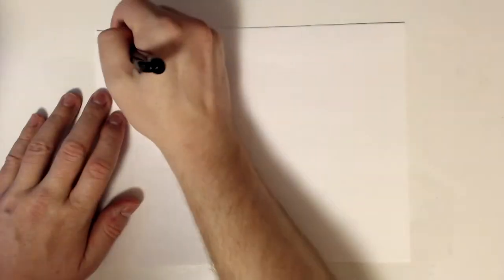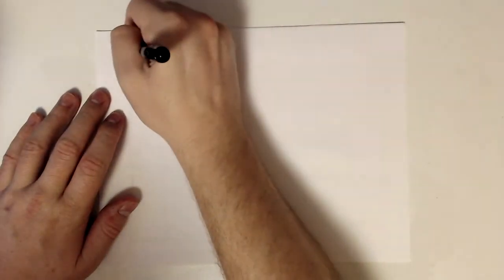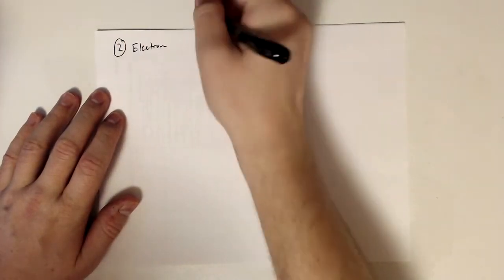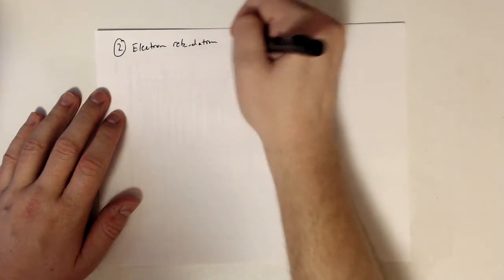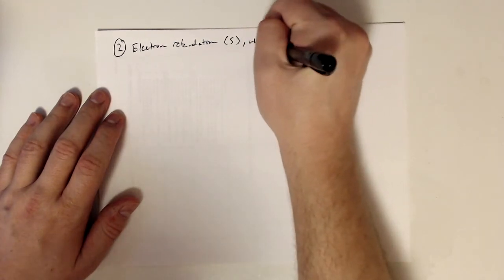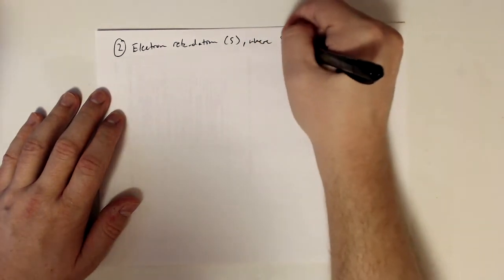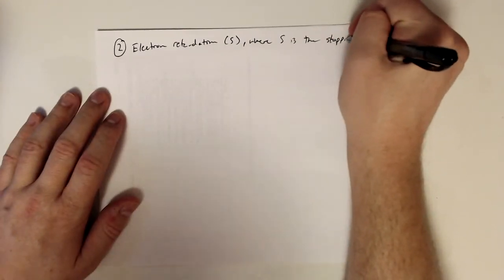Secondly, the second of these factors in the atomic number category is referred to as electron retardation. And this is referred to as S as opposed to R. And S is for stopping factor.